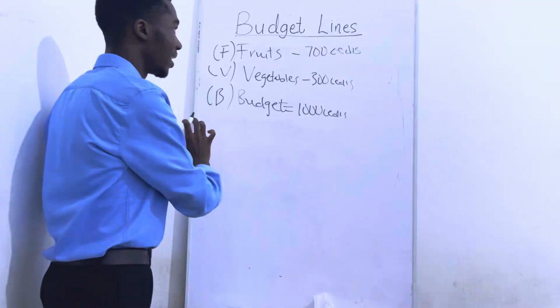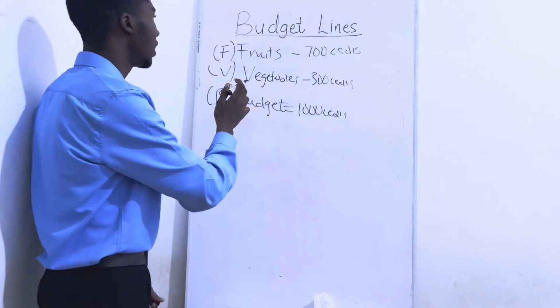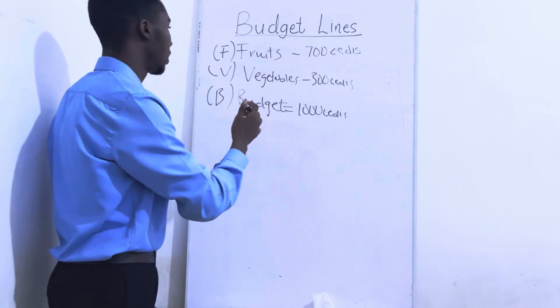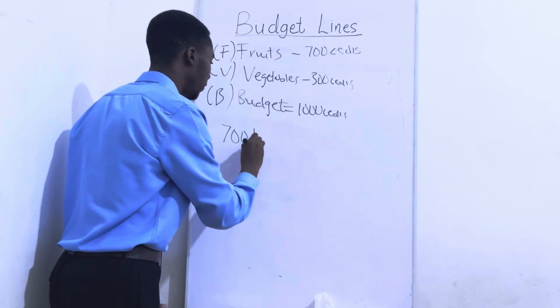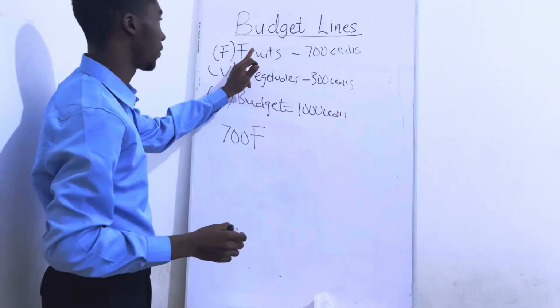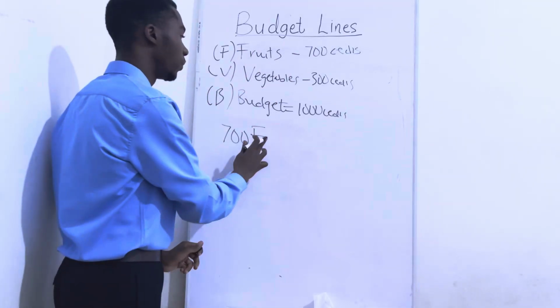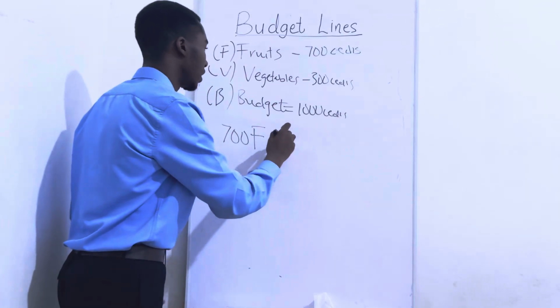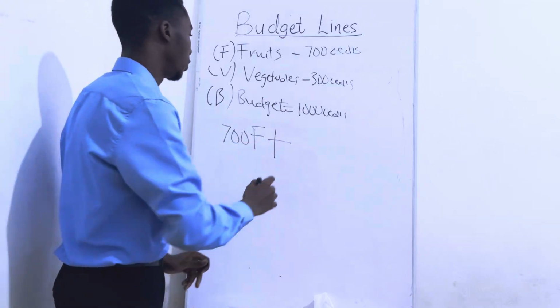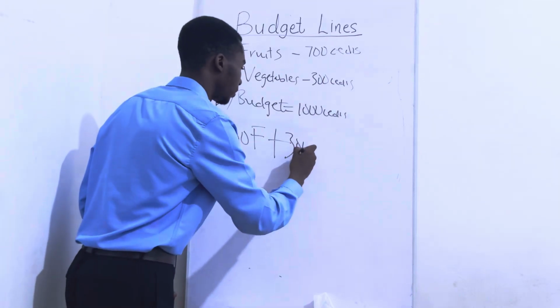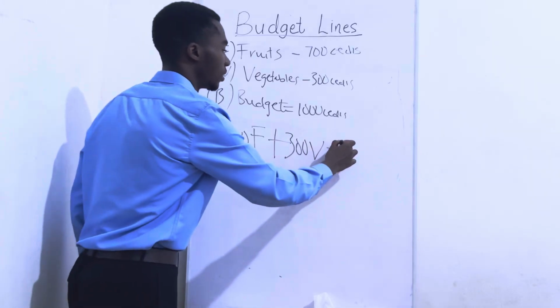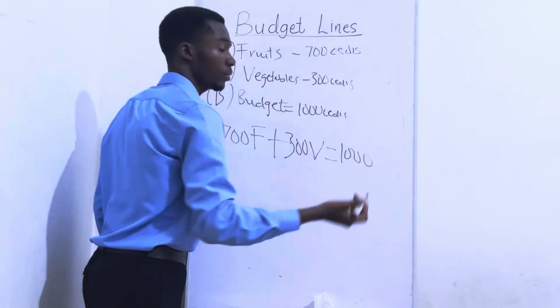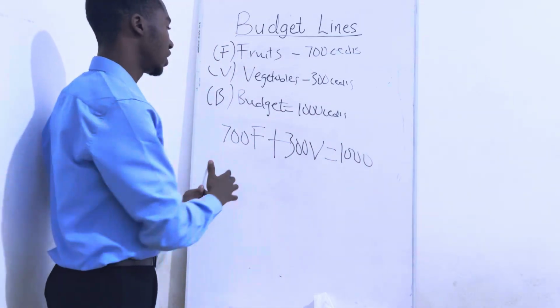So now if you want to write this as an equation, since 700 cedis is given as the fruit, you can say 700F, or 700 of the fruits, plus the vegetables, which is 300, so 300V, is equal to our budget, which is 1,000 cedis. You get it? If you want to represent it, this is how you represent it.